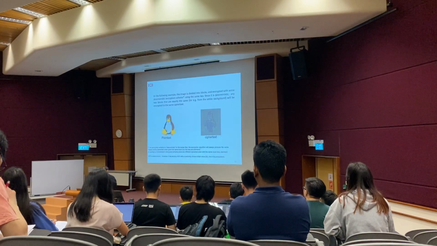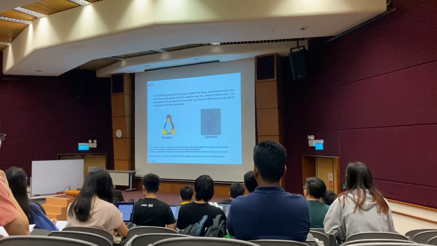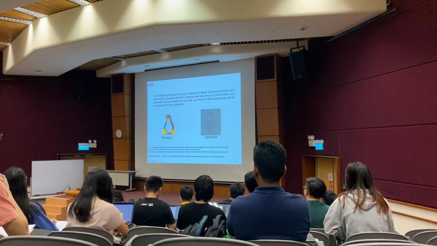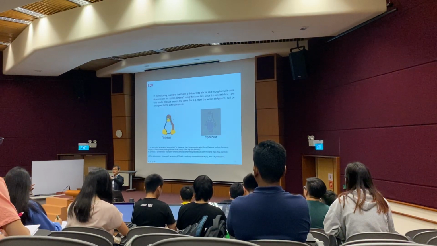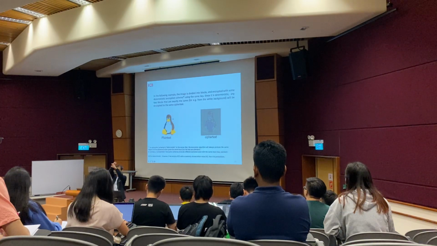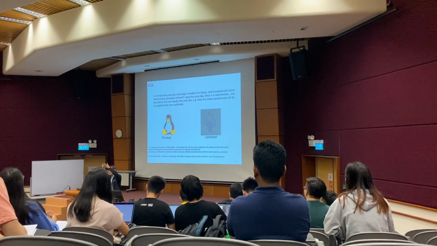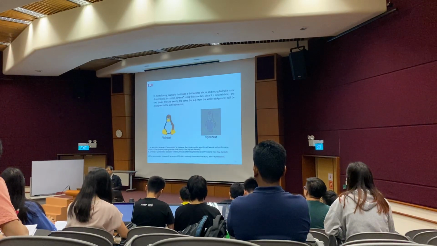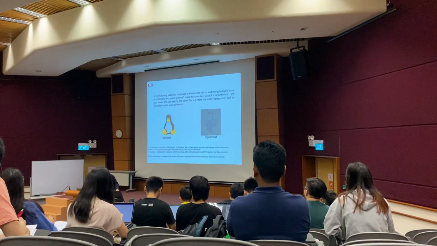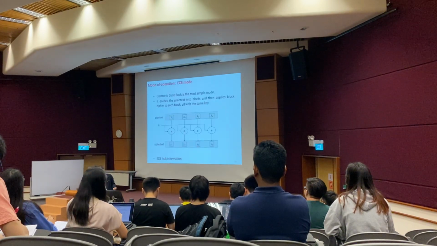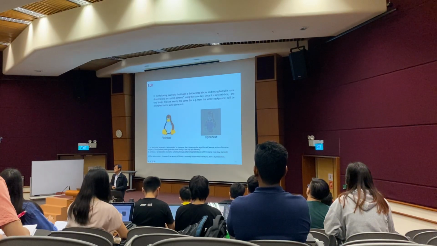Somehow I divide the image into pieces, every piece 128 bits, which is 16 bytes, and then apply ECB, electronic code book. If I encrypt it, this will be the ciphertext.